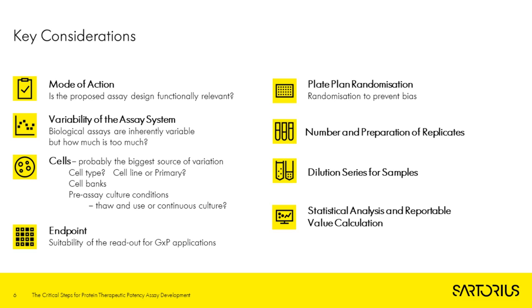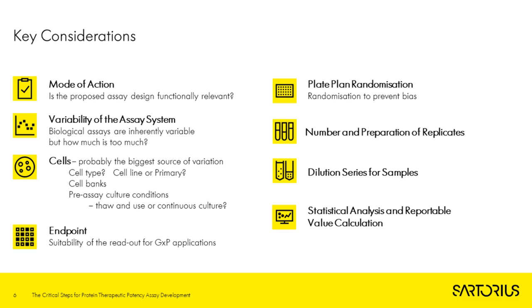So I mentioned briefly on the previous slide about selecting the assay endpoint. And by endpoint, I'm referring to the readout to generate our result. As an example, if we think about a common measurement in a bioassay, for example, proliferation of cells, there's a multitude of ways to measure proliferation, from simple dyes in a plate reader to more complex flow cytometry or even real-time cell analysis.